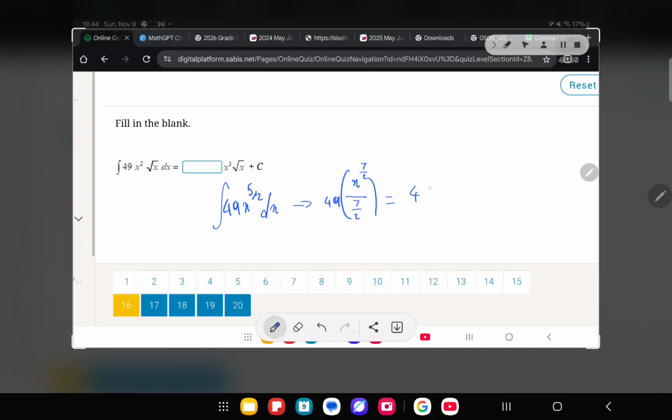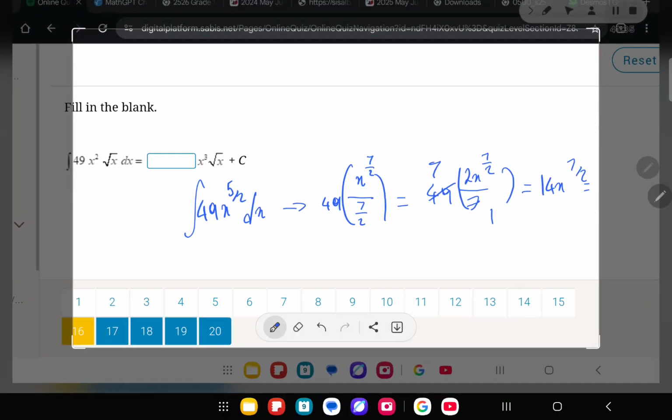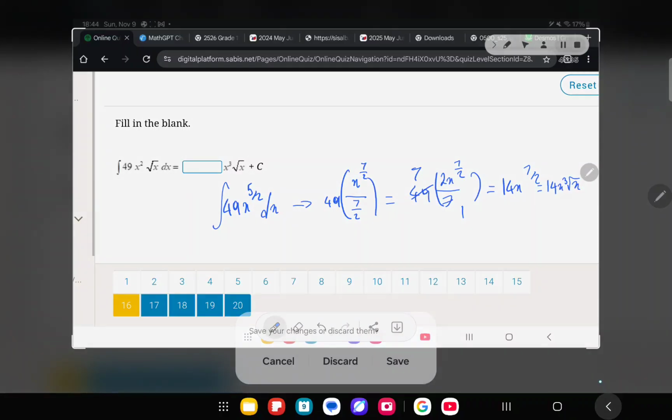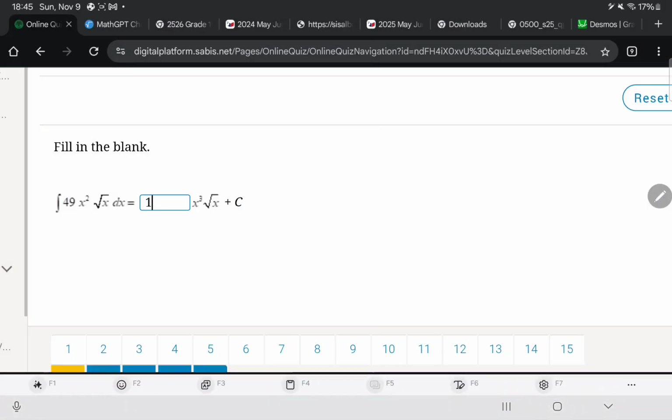So 2 times 49 over 7, so you get 14 x to the power 7 over 2, which is in total 14 x cubed square root of x. So the blank is 14.